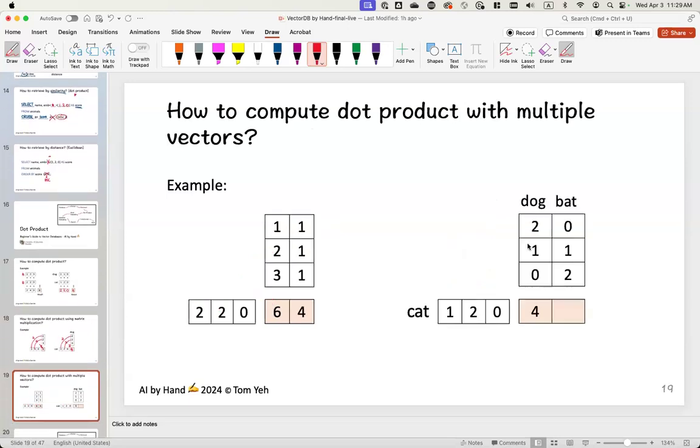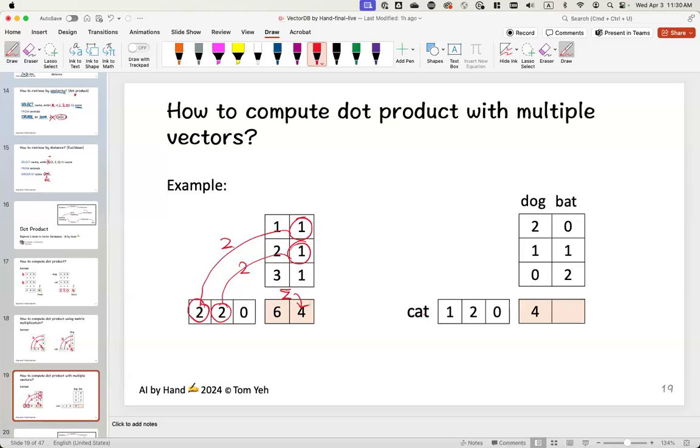How do we compute dot product with multiple vectors? First we just got 6, but second we repeat exactly the same thing. 1 times 2, 1 times 2, but 1 times 0 is nothing, so we're not going to draw it. So 2, 2, sum, we get 4.